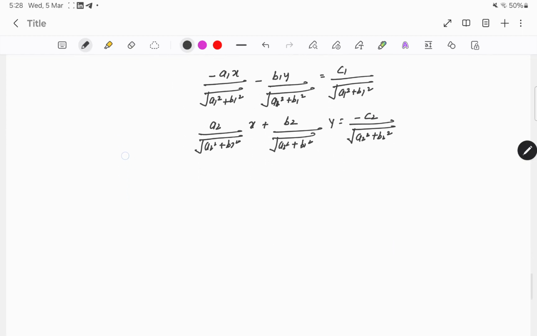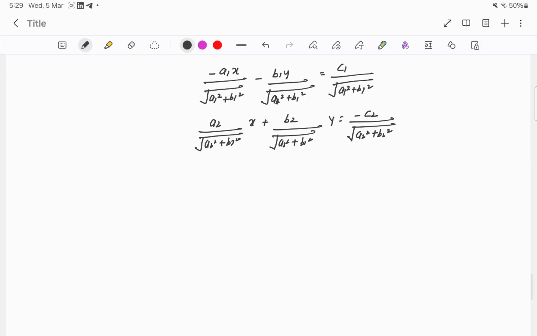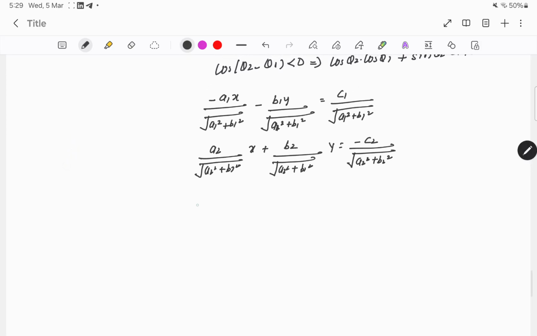Now see, one thing I am going to do is minus a1 a2 by square root of a1 square plus b1 square into minus b1 b2 by square root of a2 square plus b2 square is greater than 0.